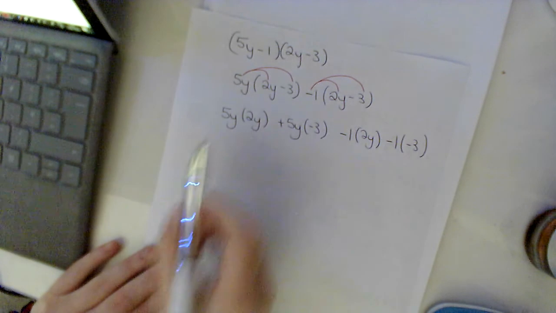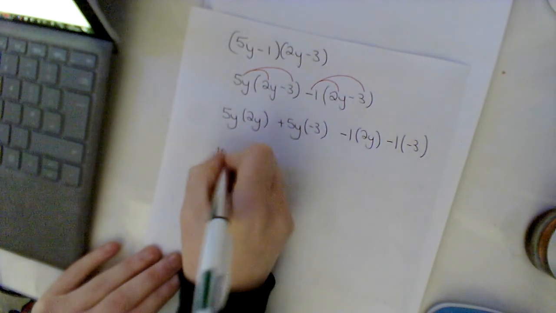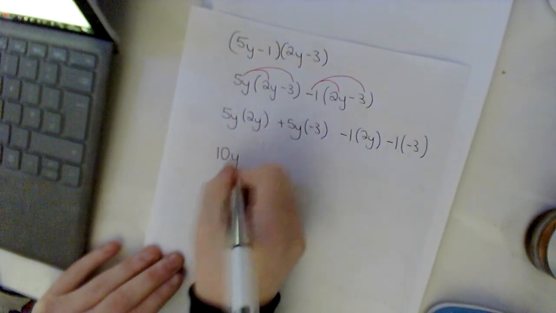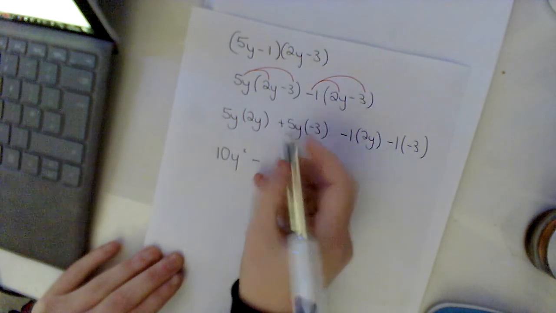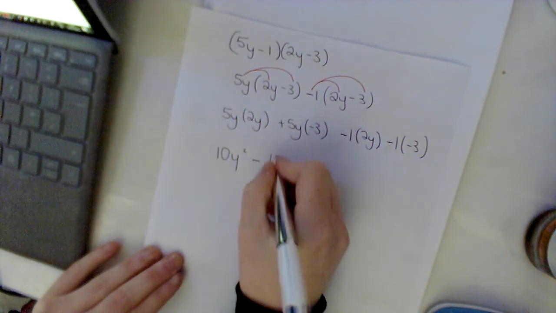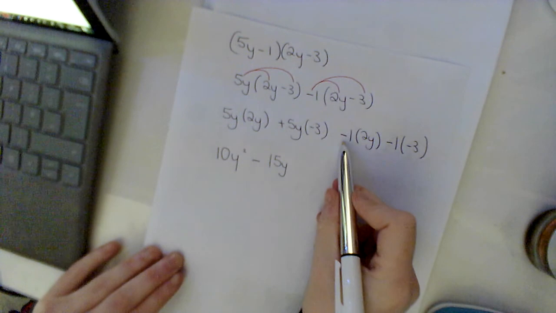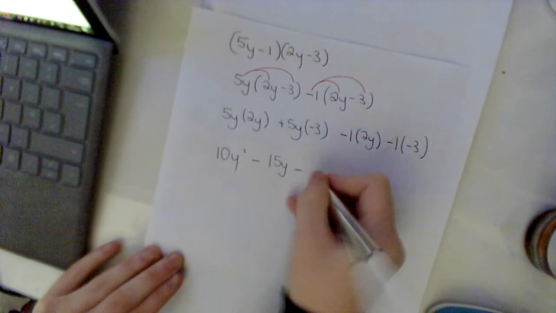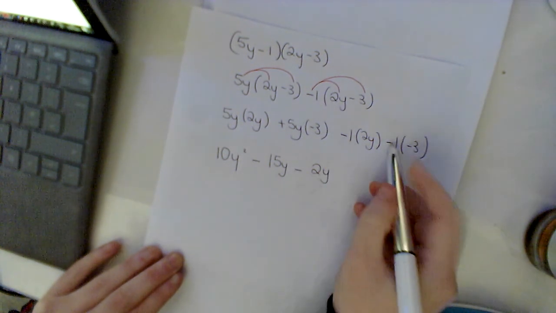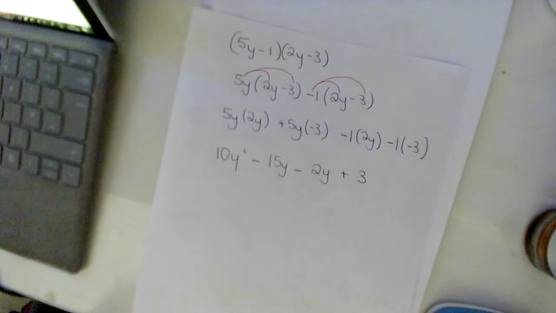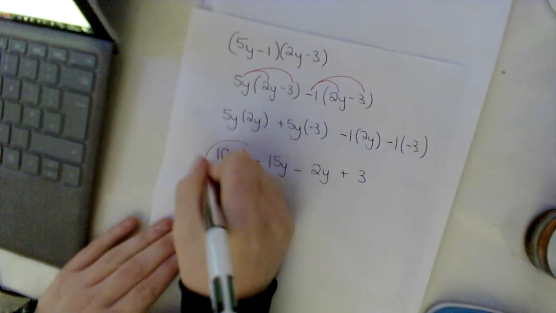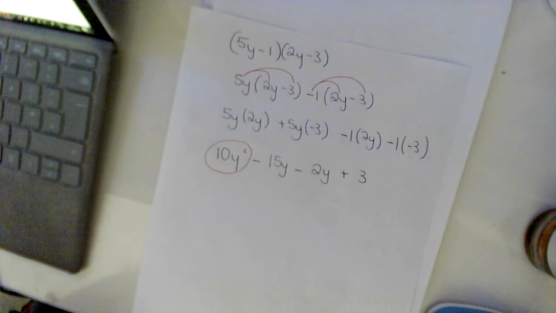And now I multiply this out. 5 by 2 is 10, y by y is y squared. 5 plus by minus is minus, 5 by 3 is minus 15y. Minus by a plus is minus, and that's 2y. Minus by minus, that's plus, and that's 3. Then I circle the terms, so 10y squared is going to be on its own.